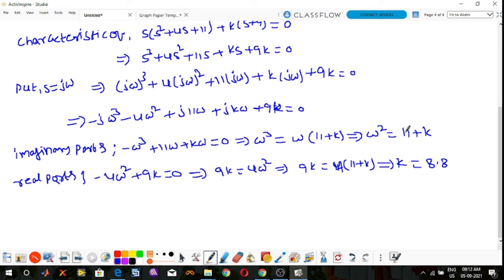Substitute this K value into the equation: K is equal to 8.8, so omega square is equal to 11 plus 8.8. So we get omega is equal to plus or minus 4.4.